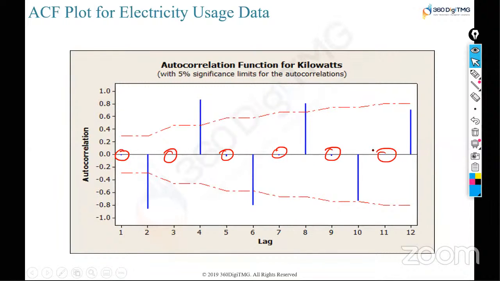So every alternate lag has very little or practically zero correlation, and the even lags have high correlation. Is it clear?